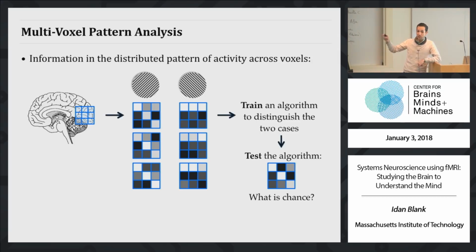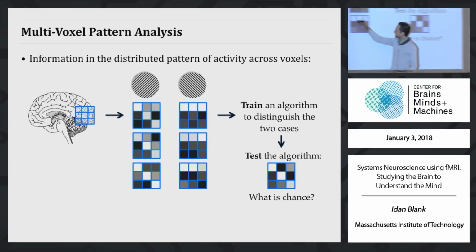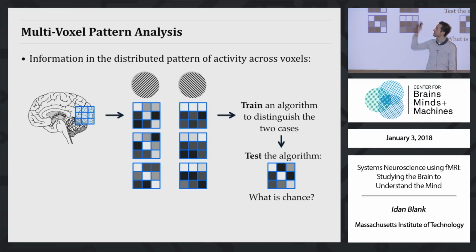If the algorithm does better than 50%, it means that somewhere in this distributed pattern, there is information that distinguishes between these two things. So even though you averaged across this region, you would get the same average signal here and here, and you would think that that region doesn't distinguish between these two stimuli, right? Because in both cases, we have sort of 3 whites, and the rest is low.